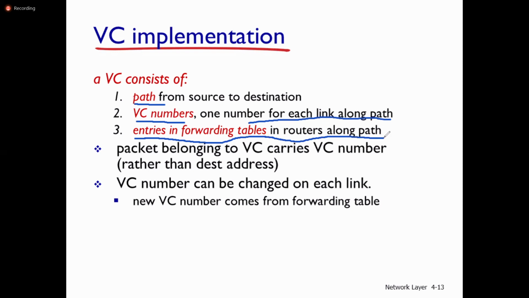Packets belonging to a virtual circuit carry the virtual circuit number, which is not a destination IP address. One more important thing is that the virtual circuit number can be changed on every link. The new virtual circuit number comes from the forwarding table.